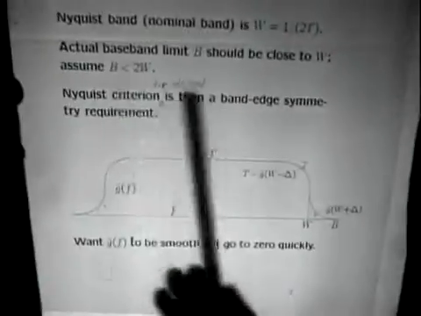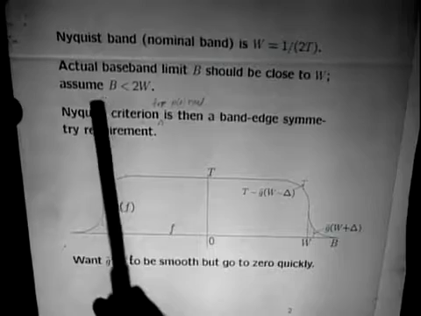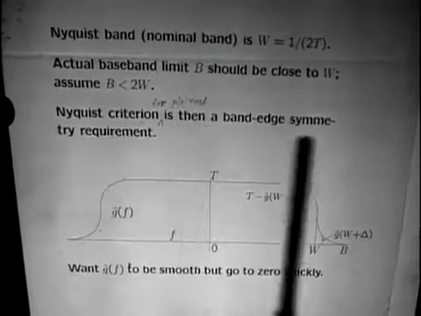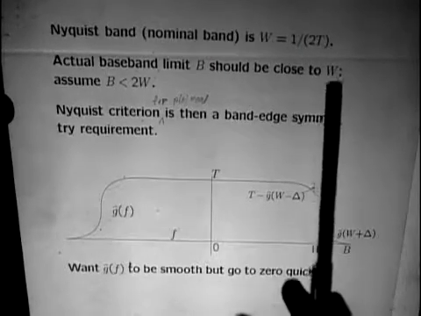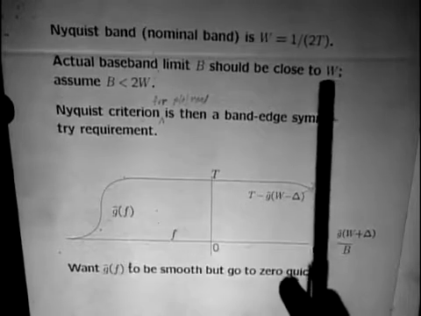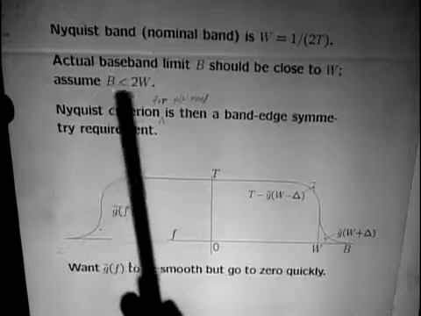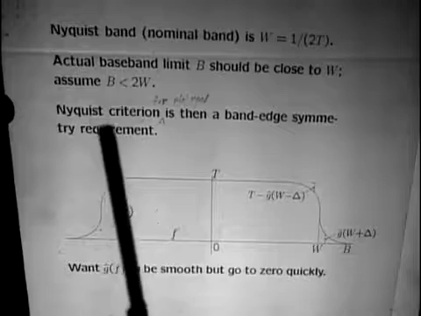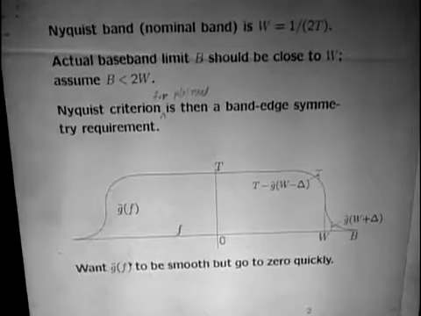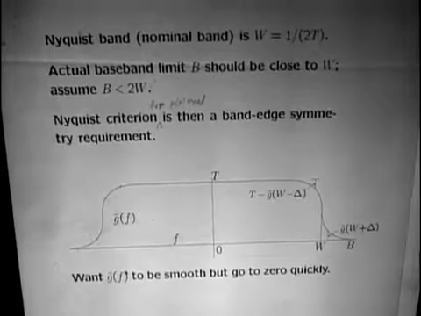So we're going to make the actual bandwidth of the waveform close to the nominal bandwidth. We're going to assume that it's less than twice the nominal bandwidth. In other words, you can have a little bit of slop, but you can't have too much.